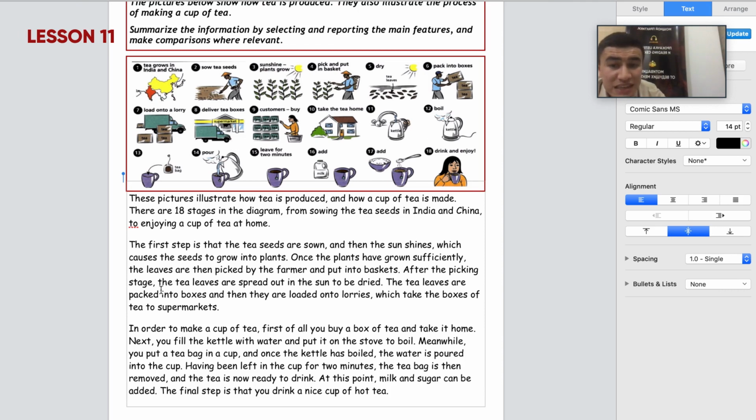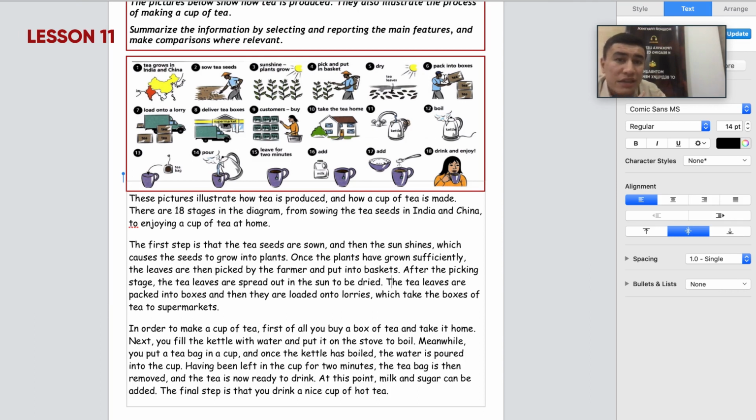This is extra information to make your report more colorful, and of course to show the examiner that you understand the process. The tea leaves are packed into boxes and then they are loaded onto lorries, which take the boxes of tea to supermarkets.